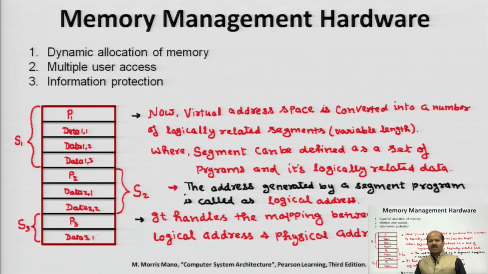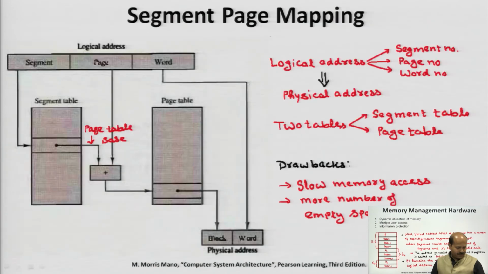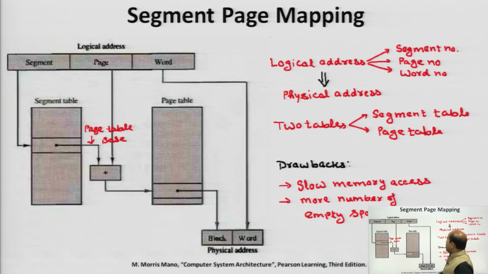That is why the address used in this case is a logical address space. So we have to map the logical address to the physical address in this concept. Mapping is required.